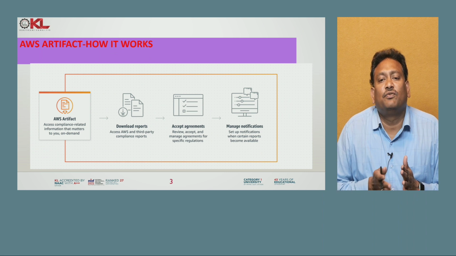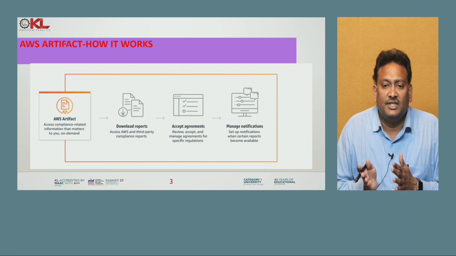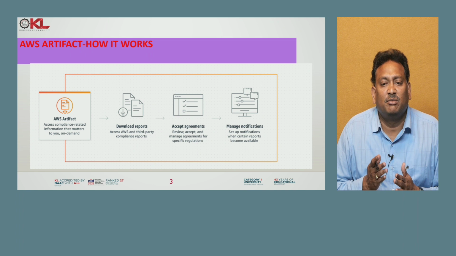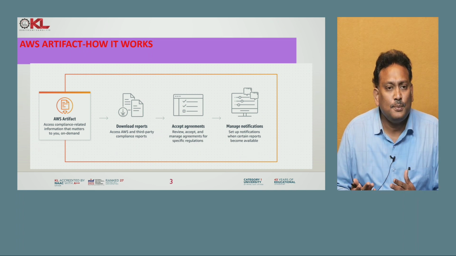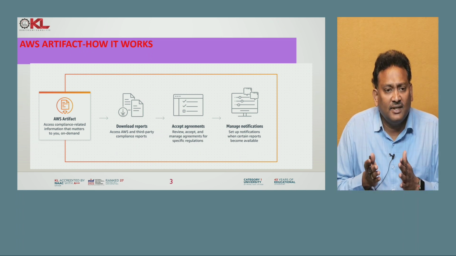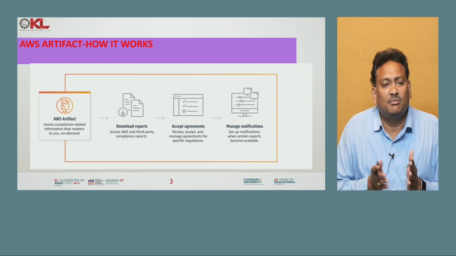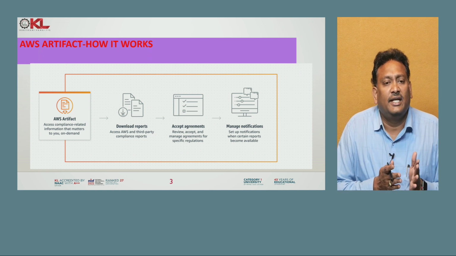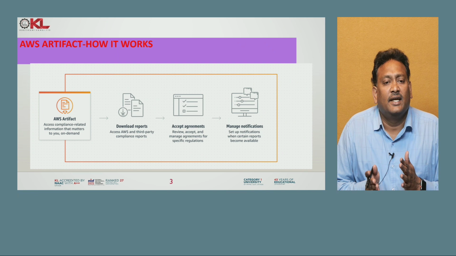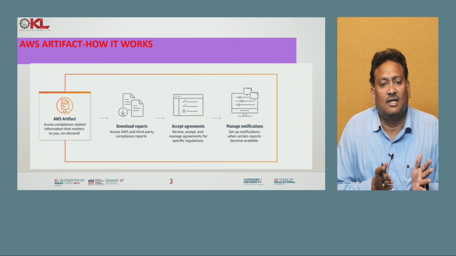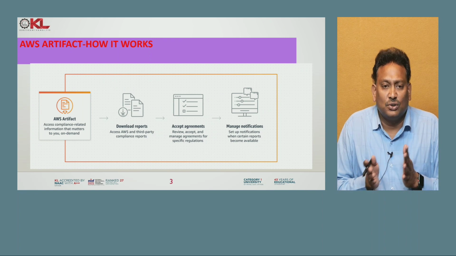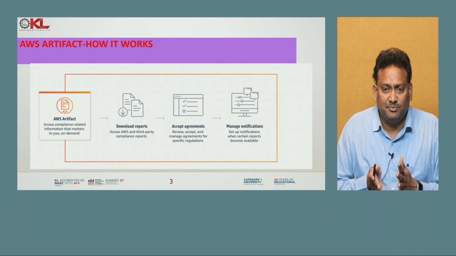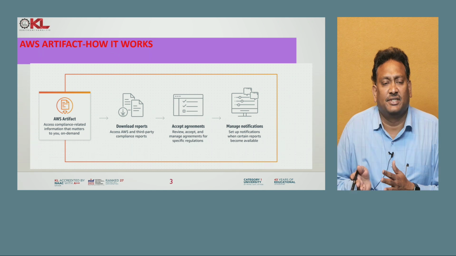And you can manage notifications: set up notifications when certain reports become available. So here we are focusing on compliance-related information about the organization, downloading the reports, and accepting all agreements about the rules and regulations of the organization.